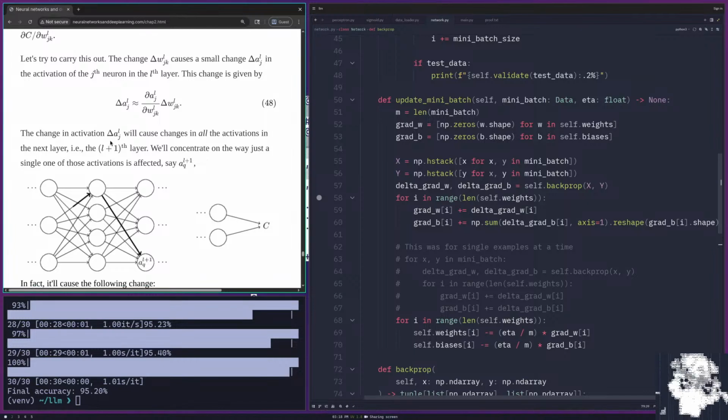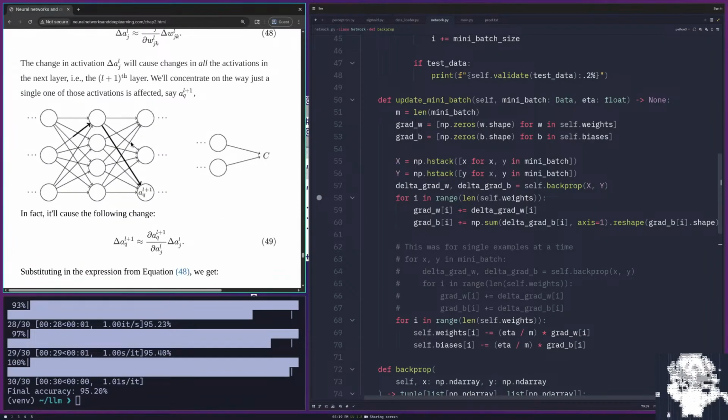The change delta W^l_jk causes a small change delta A^l_j in the activation of the jth neuron in the lth layer. This change is given by delta A^l_j is approximately equal to the derivative of A^l_j with respect to W^l_jk times delta W^l_jk. The change in activation delta A^l_j will cause changes in all the activations in the next layer, i.e. the (l+1)th layer.